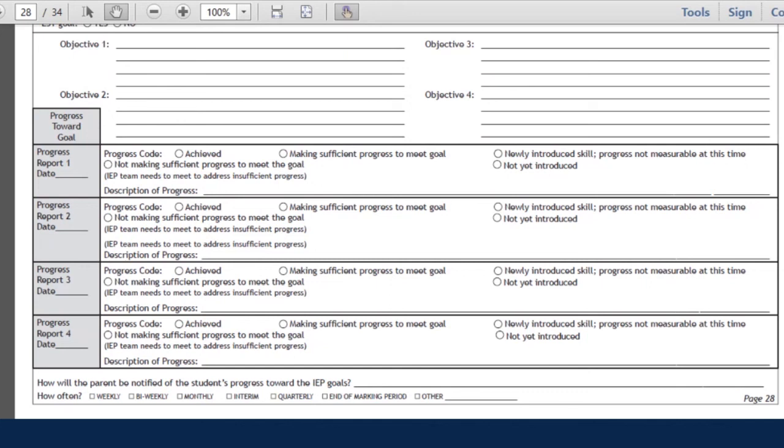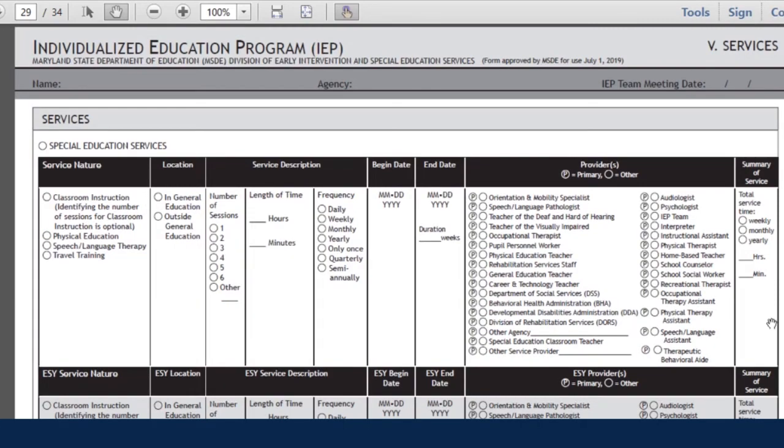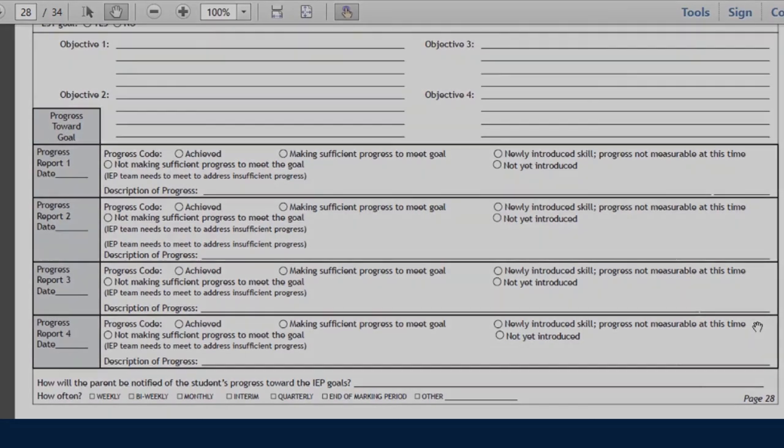Usually the younger kids might need more support, and then as they get older, hopefully they require a little bit less support. So you just know that you have the right to ask for different amounts of communication with your team. So that is an overview on goals and objectives.